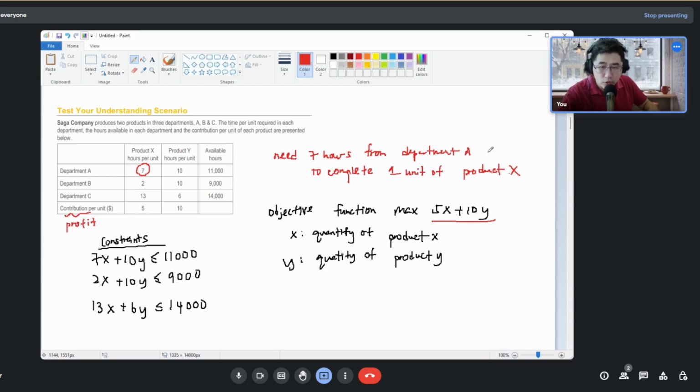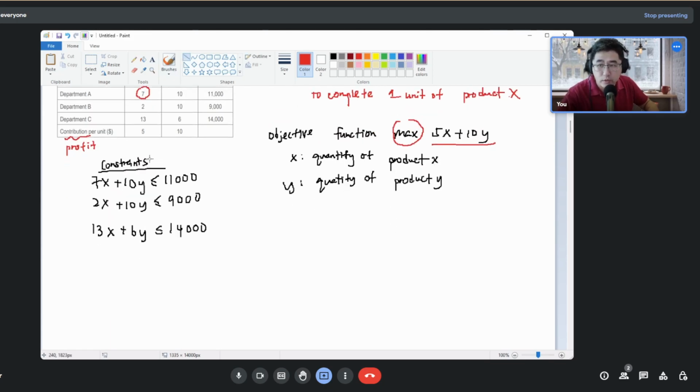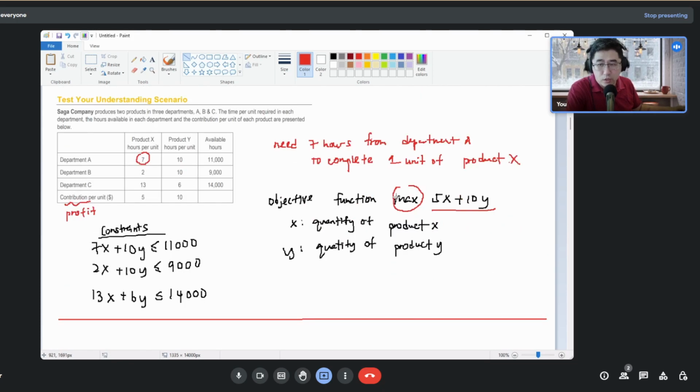So the thing is, how do we maximize our objective function? This comes to drawing of the graph. Let me draw the graph first.